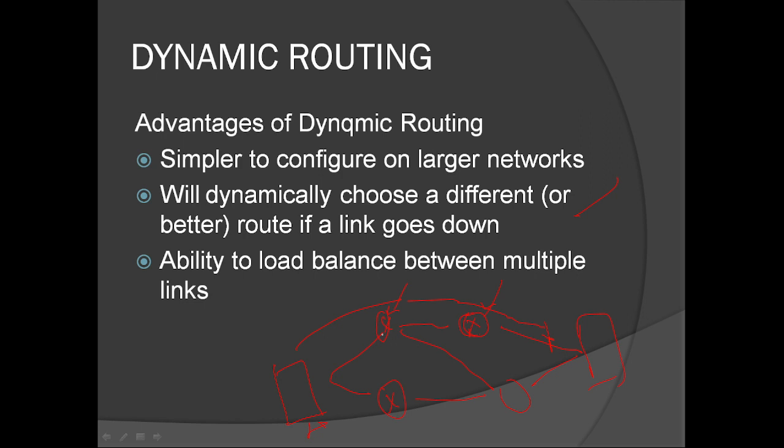Okay? So, what if naputol tong link na to? So, the link between the two routers. If that is a static route, you have to configure other routes. For example, sa baba, if that is a static route, you have to manually configure it if that route does not exist.